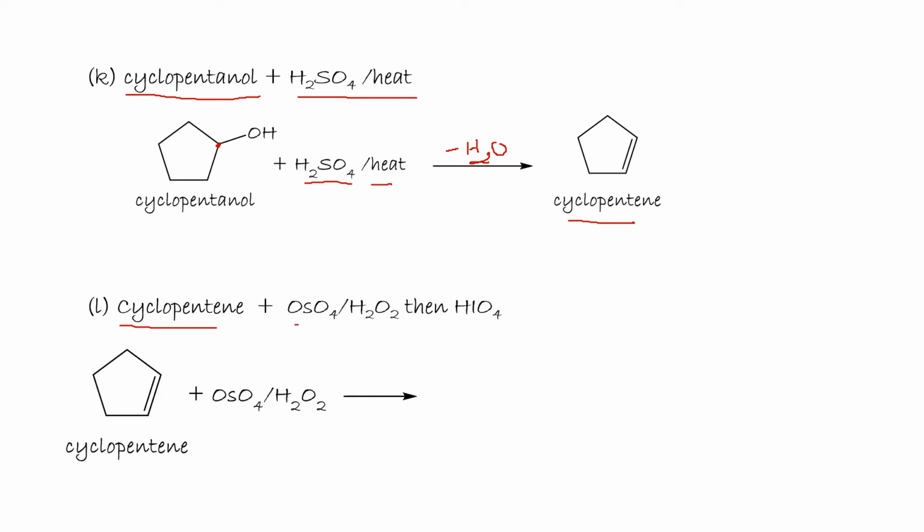Cyclopentene with osmium tetroxide, hydrogen peroxide, then periodic acid. The first step, cyclopentene with osmium tetroxide, hydrogen peroxide, will lead to the formation of 1,2-glycol, 1,2-diol, in what we call syn addition from the same side.